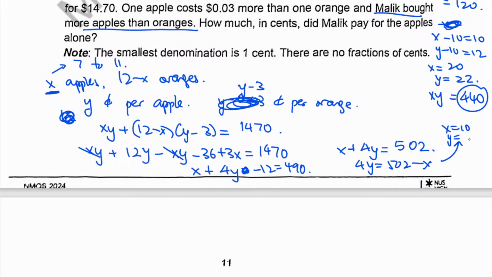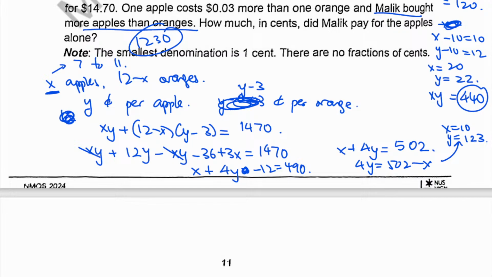Then y is equal to 492 divided by 4, which is equal to 123. So how many cents did Malik pay for the apples alone? It is 1230.